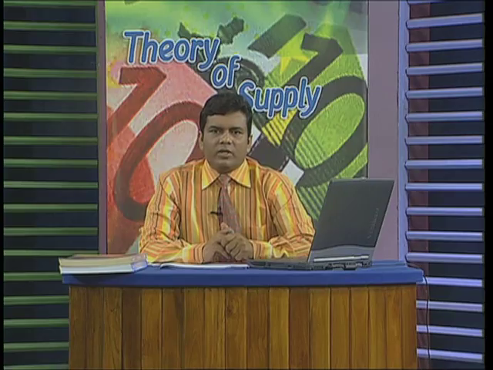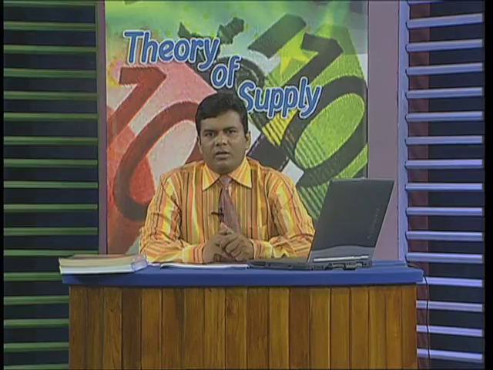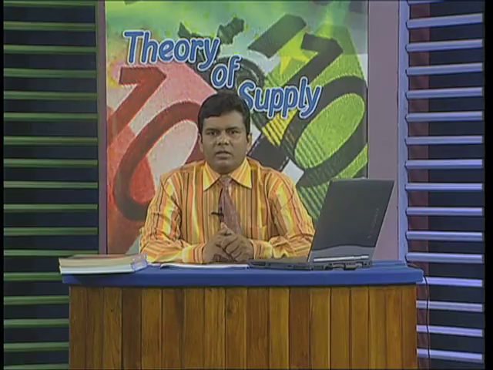We saw the determinants of supply. We found that if we keep all other factors fixed or the same, and only the price of the commodity is changed, then we will find a positive relationship between the price and the quantity supplied of the commodity.